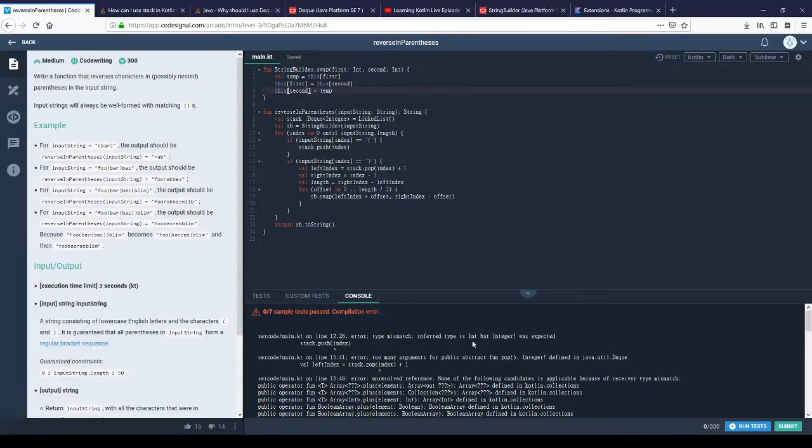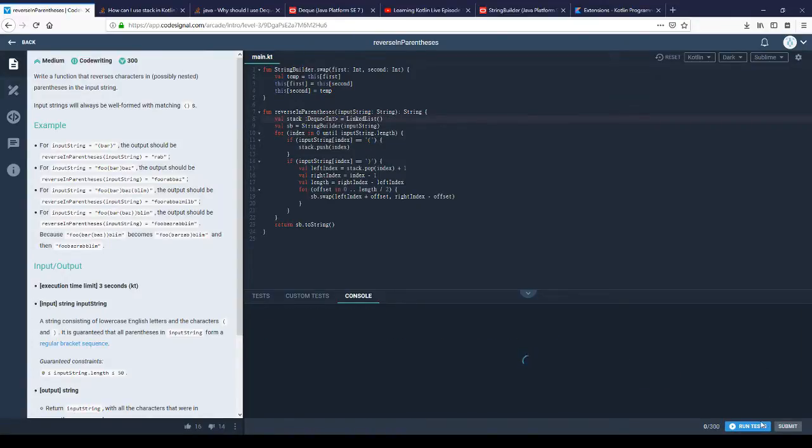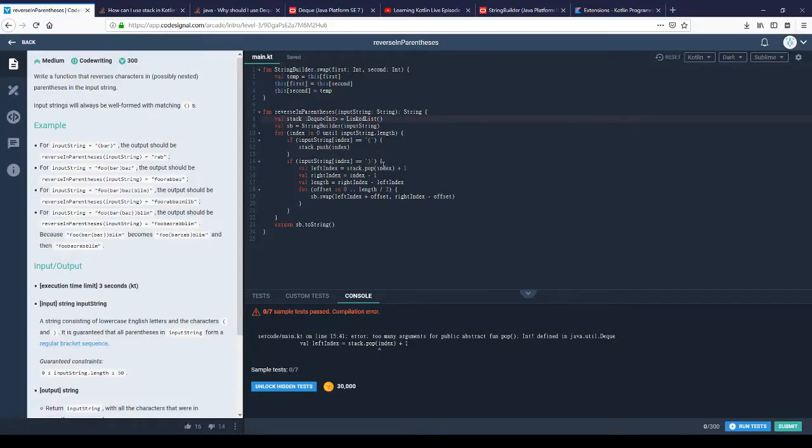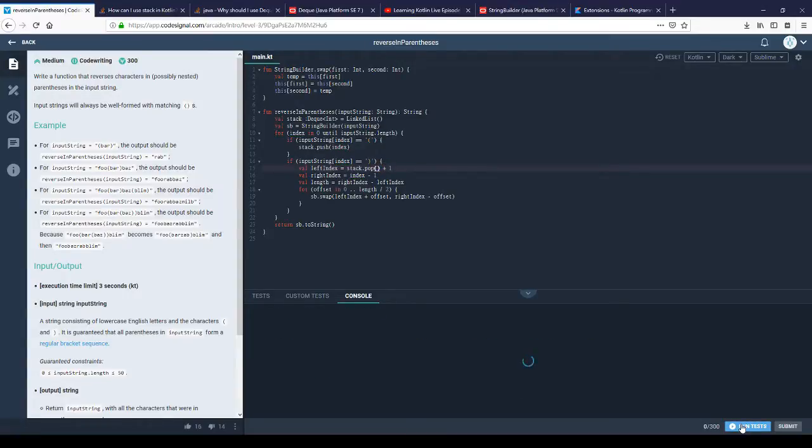So it should be int here. Dot pop. Where's that pop? Okay. No index for pop, of course. I hope that's it.